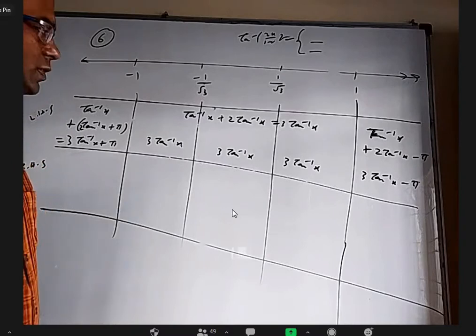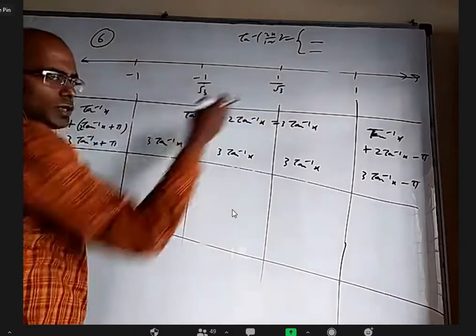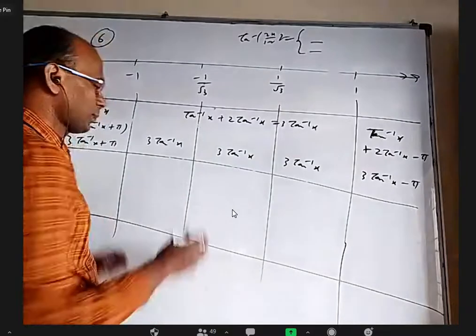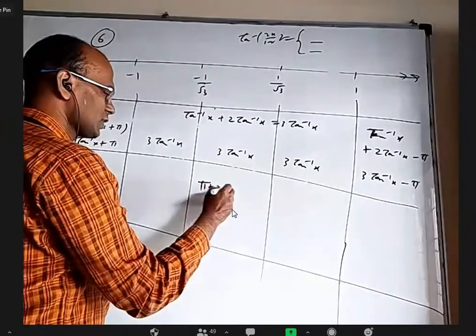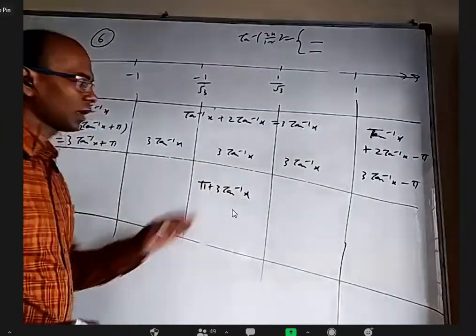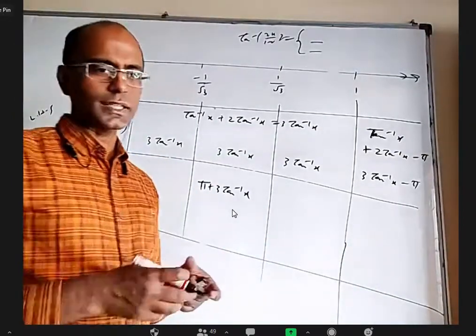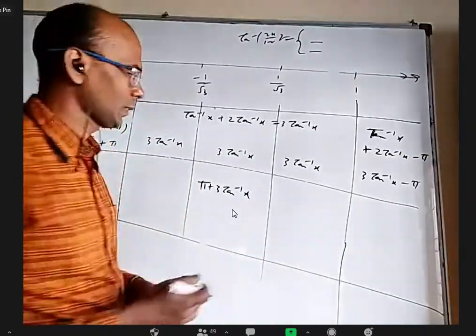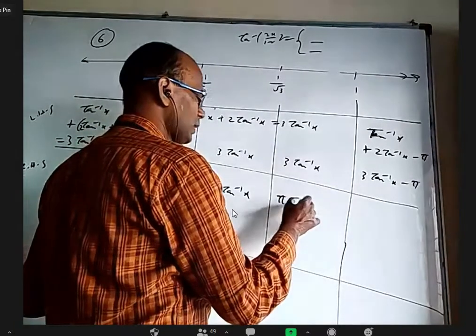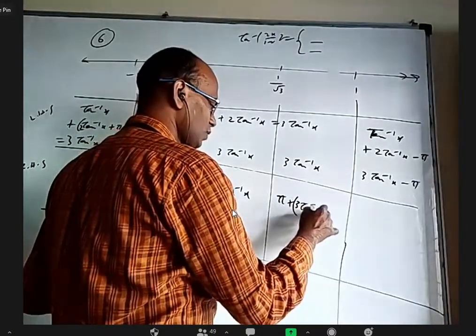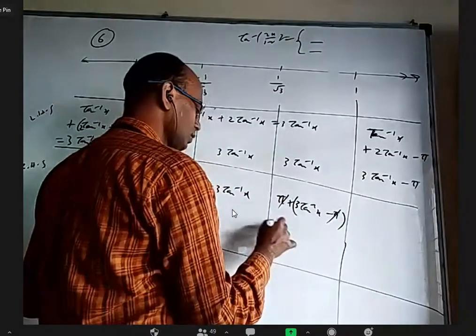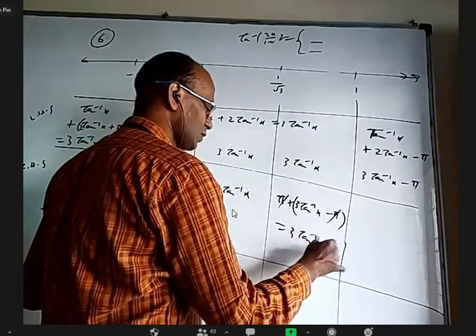Coming to RHS, between these two it is directly 3 tan inverse x, of course pi plus. So it is pi plus 3 tan inverse x. But once you cross 1 by root 3, here or here, it is 3 tan inverse x minus pi. So it will be pi plus 3 tan inverse x minus pi. When you cancel, you will be left with 3 tan inverse x.